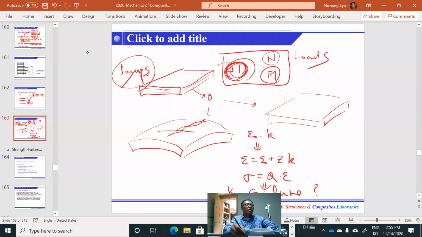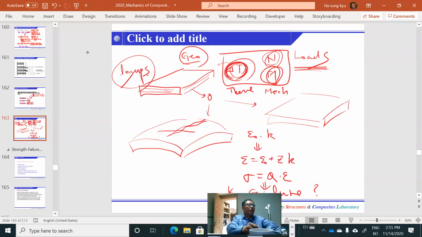But here is the problem statement. The load is the external mechanical load. This is a mechanical load, and this is a thermal load. Geometry wise, it is nothing but a flat laminate, right?